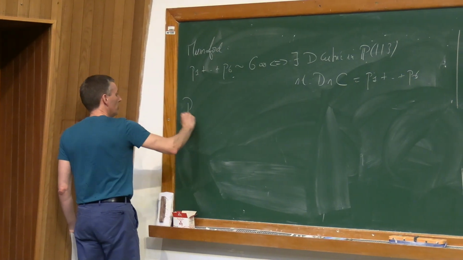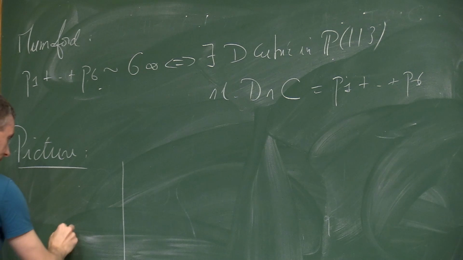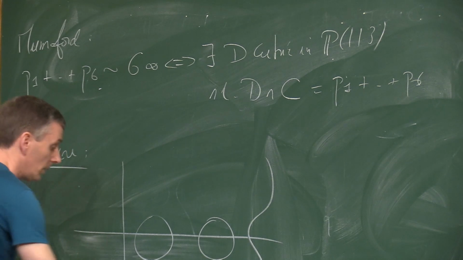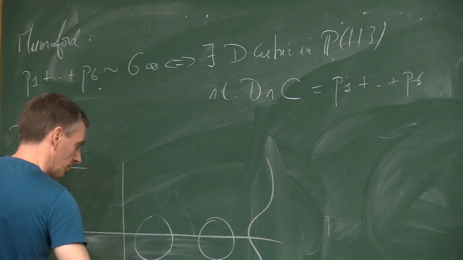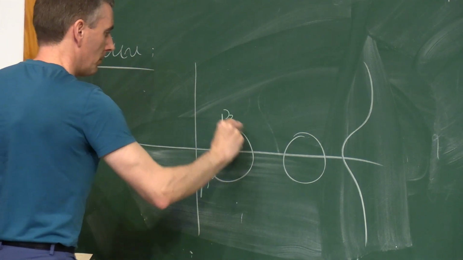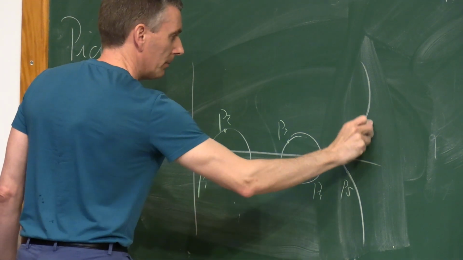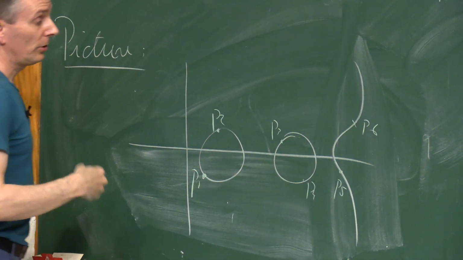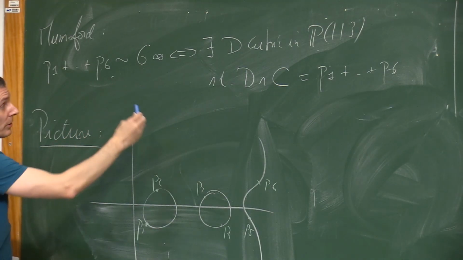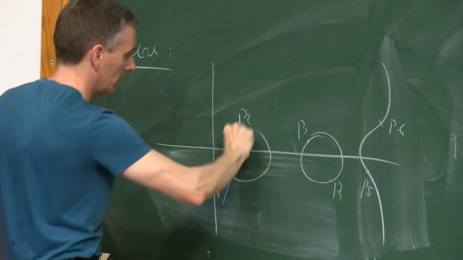So let me repeat my picture. What all this means is that six points on the curve, P1, P2, P3, P4, P5, and P6, are equivalent, as on the fiber over 0, so the sum is 0 in this addition law, if and only if there is a cubic of interpolation.